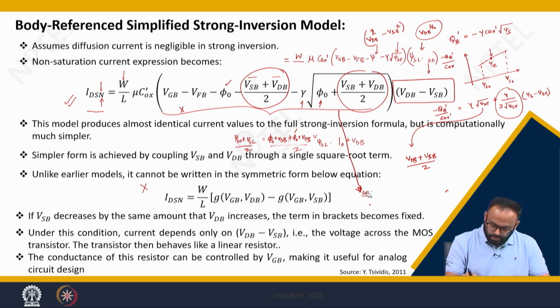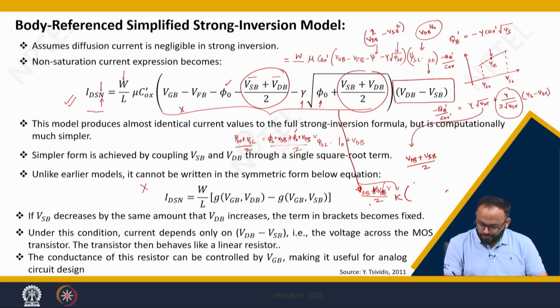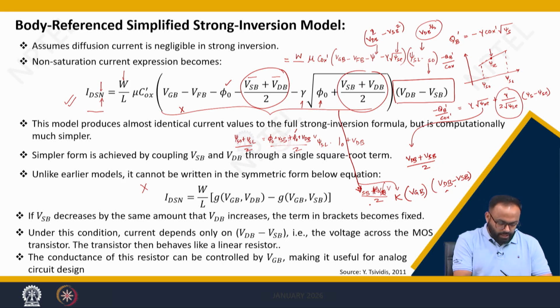So let me define this as some function k, which is a function of VGB, and there is another term which is VDB minus VSB. So I can simply write that current IDSN is directly proportional to the difference VDB minus VSB.